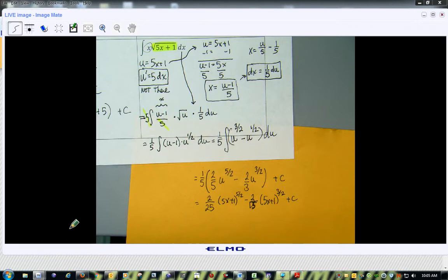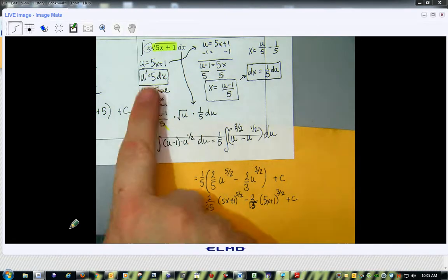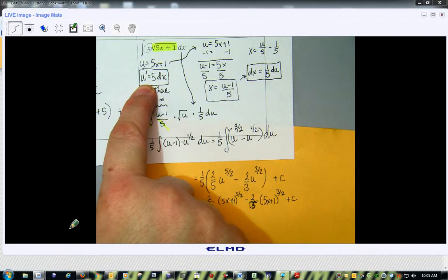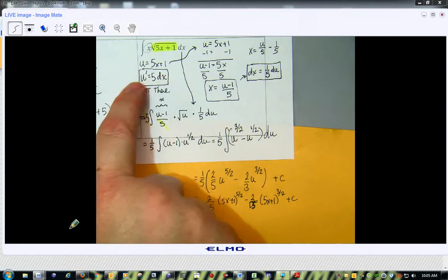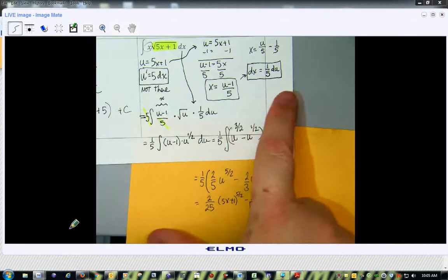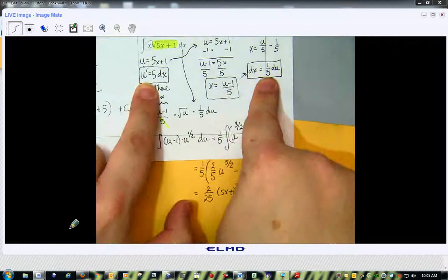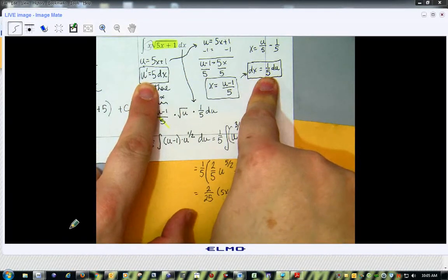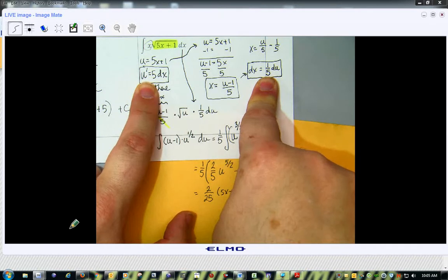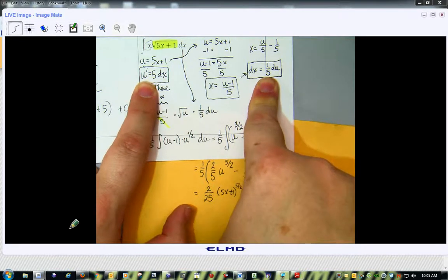And we can also use that to find the du as well, which if we would have used this here, du is equal to 5 times dx. Well, dx would be equal to 1/5 times du, which is what we figured out over here anyway, wasn't it? Aren't these two things the same? Yeah, it's just kind of looking at it from two different directions. So we found out that it ended up being the same no matter what.